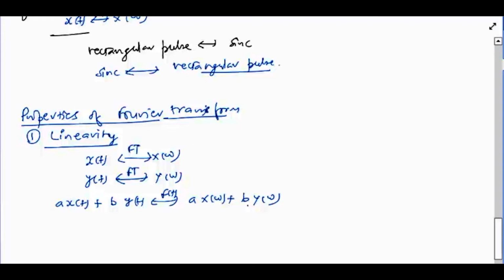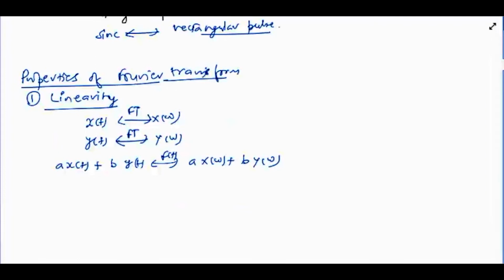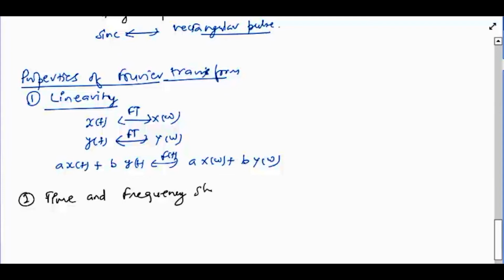Okay. Here is the next property, and this property is called time and frequency shifting property. Actually these are two properties that we combine together. Let's see what these properties are.